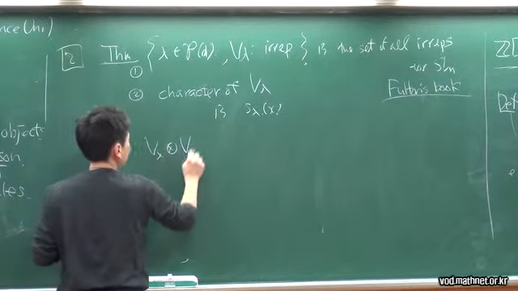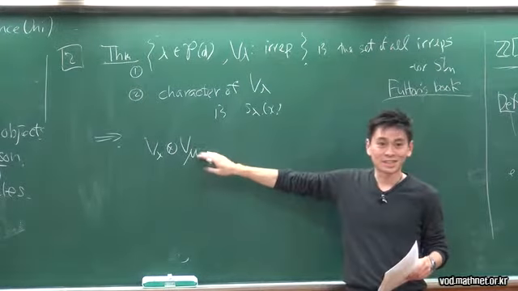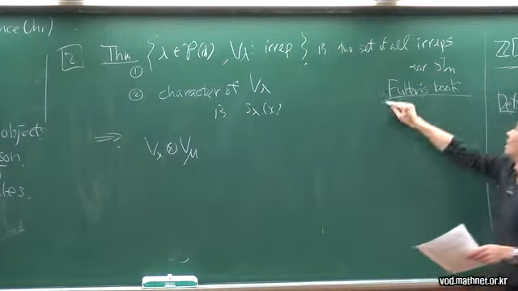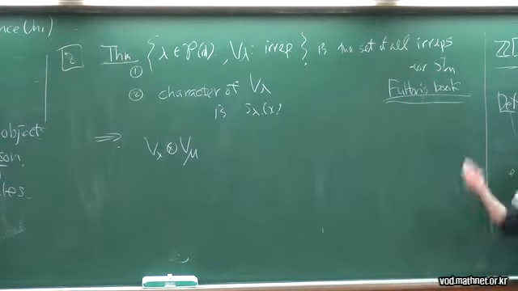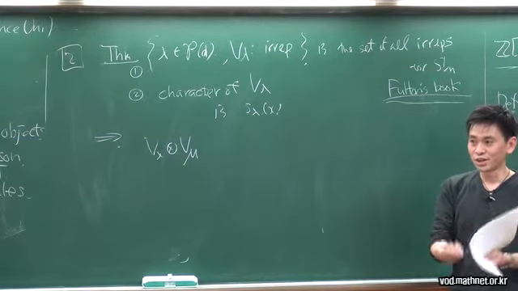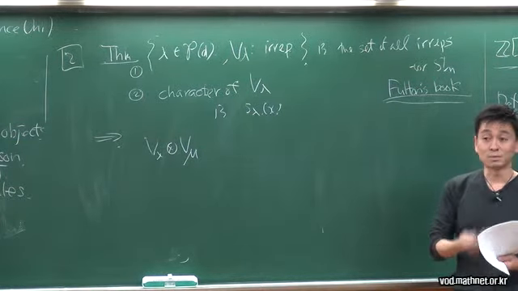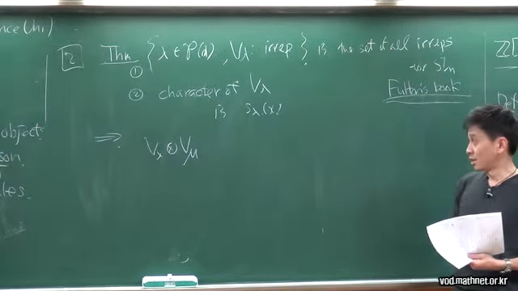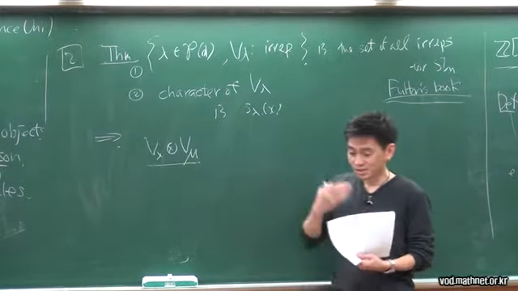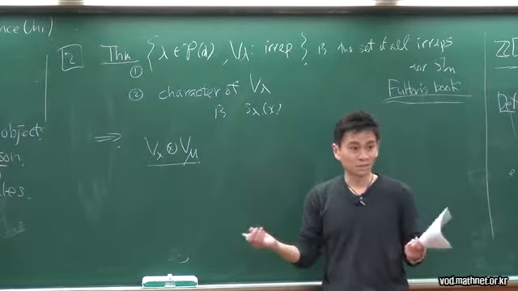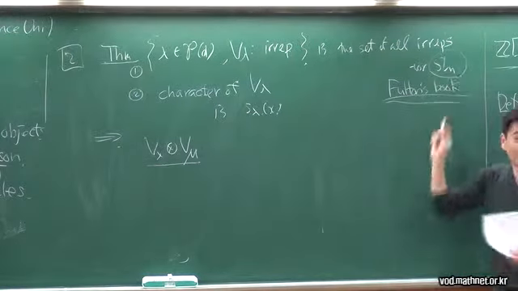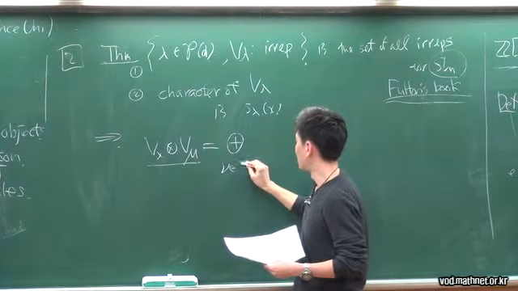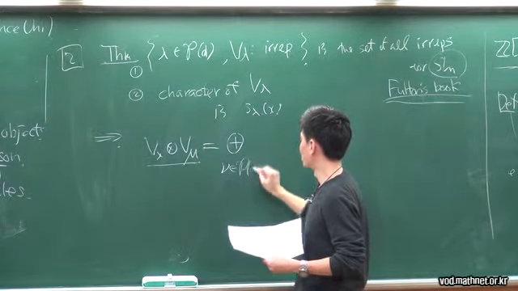If you take a tensor product of two things, you wonder what it is. These are irreducible representations, and when you take a tensor product, you get another representation. It doesn't need to be an irreducible representation, but it is a representation, so it should decompose into irreducibles because you're talking about SL. So if you decompose, partition.